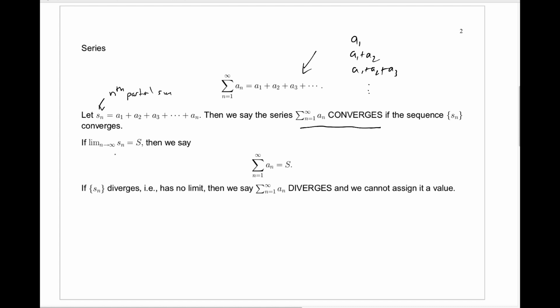On the other hand, if this sequence of partial sums diverges, in other words, has no limit, then we say that the series diverges and it's impossible to assign a value to it.